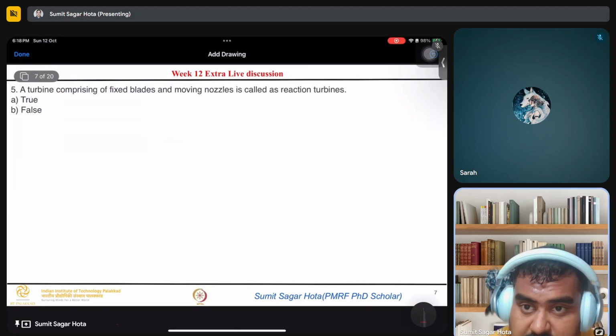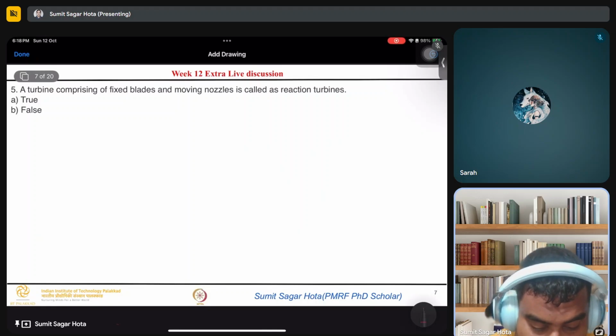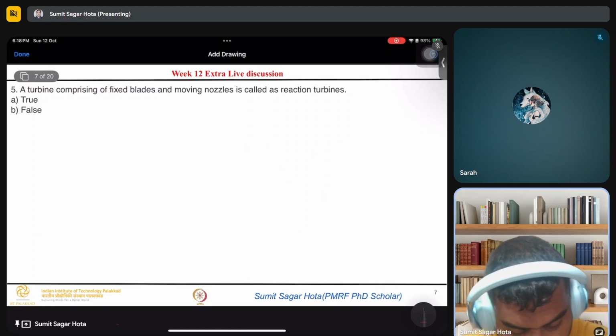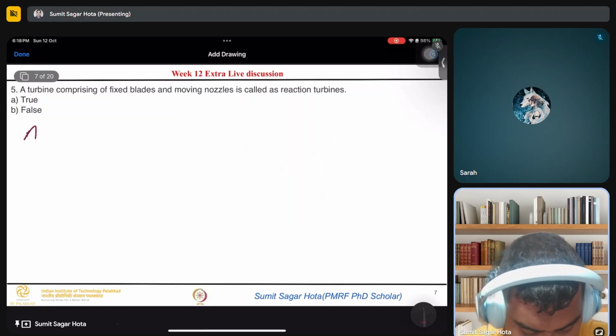A turbine comprising of fixed blades and moving nozzles is called a reaction turbine. A true statement.